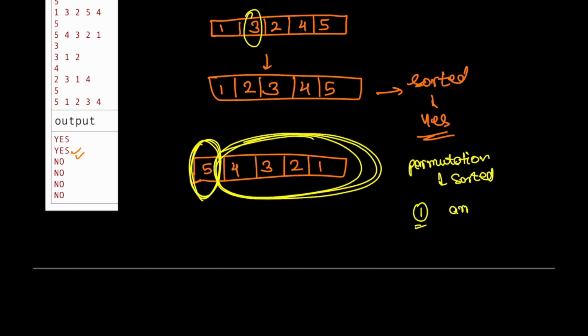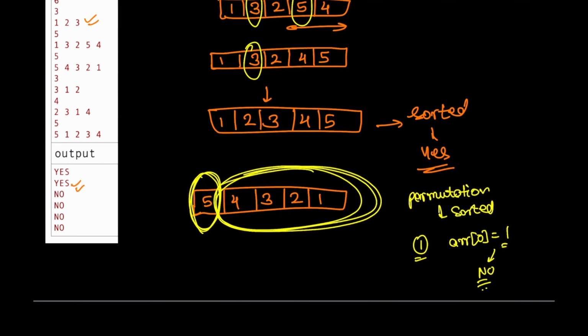So the 0th element of the array should always be 1, otherwise it will not be possible. So this case satisfies all: this is 5, so it's a no. Now how can I say whenever the first element is 1, in that case it will be yes, otherwise it will be no.